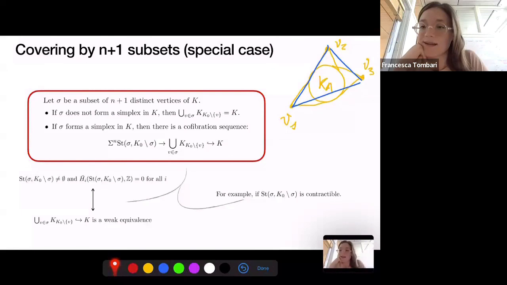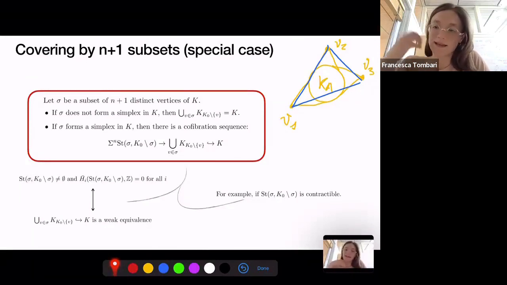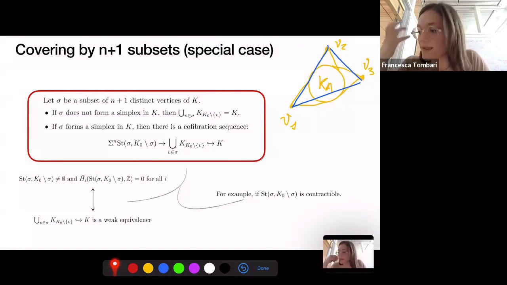As an example of how to use these techniques, we were aware that it's known what the Vietoris-Rips complex of the circle is, but we used it to see what happens if you sample points in the circle, and that's where we use the induction, as Wojciech was mentioning.